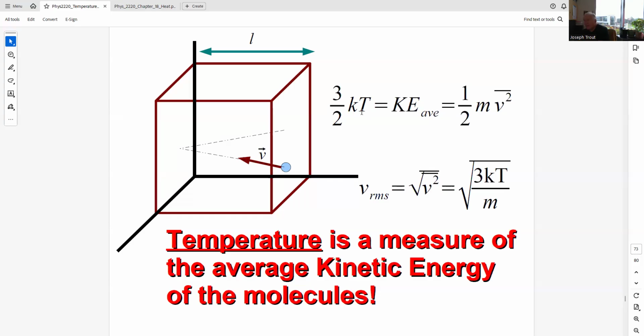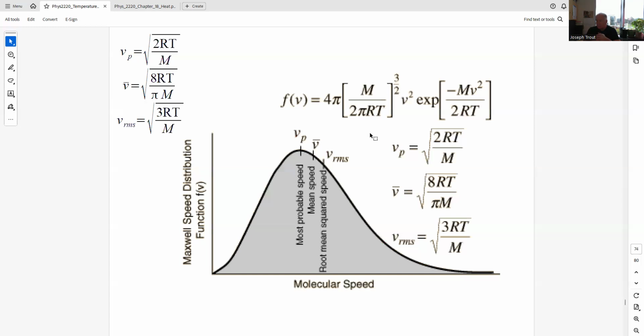So 3/2 kT is equal to the average kinetic energy of the molecules. So normally we look at a couple of things. We look at the most probable speed, the mean speed, and the root mean square speed, right? And the equations are right here.